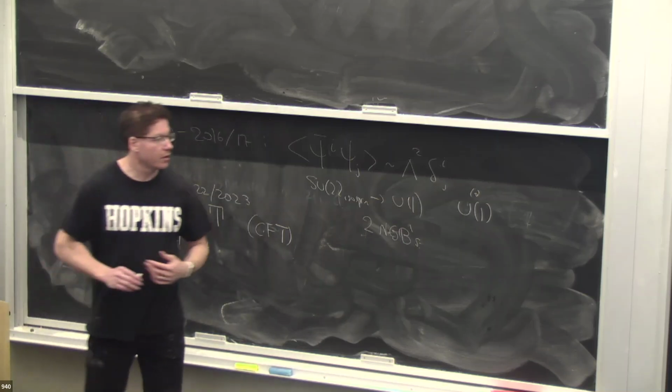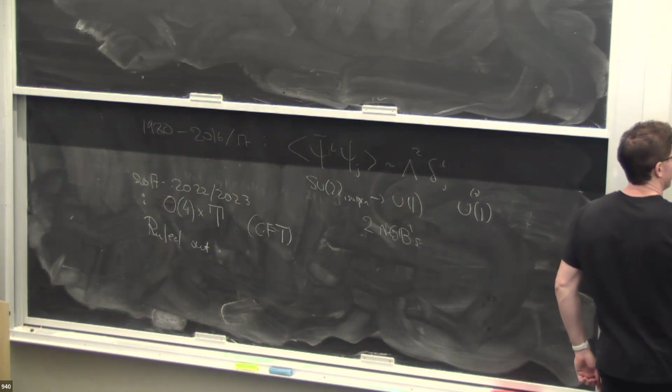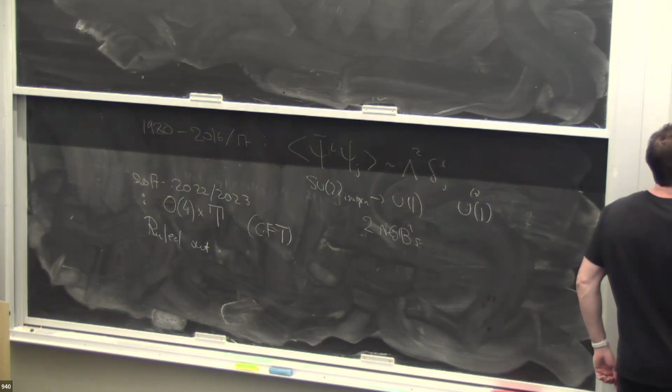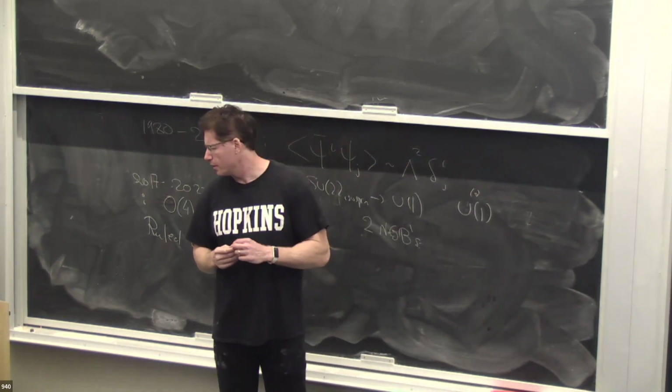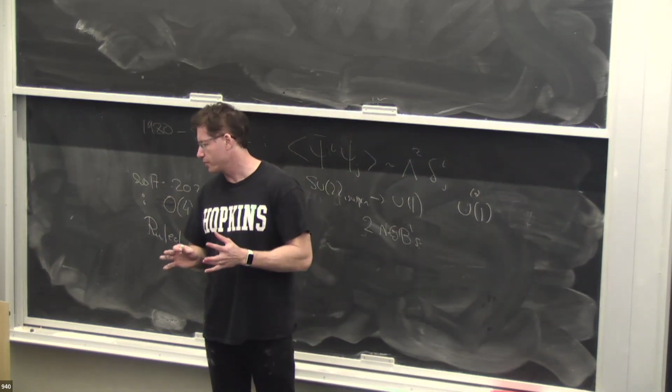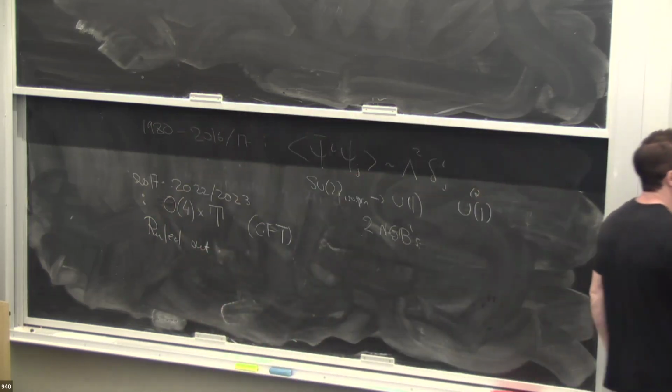Okay, so let me tell you an answer that makes sense. I'll first describe the answer and the interesting physics that it leads to, and then I'll explain maybe how we arrived at it.